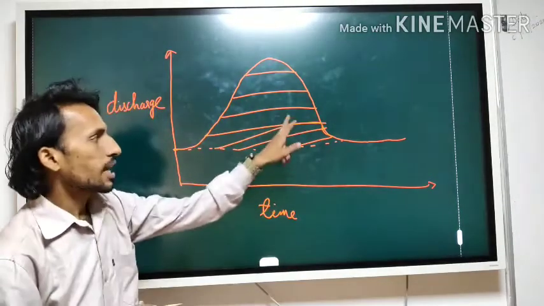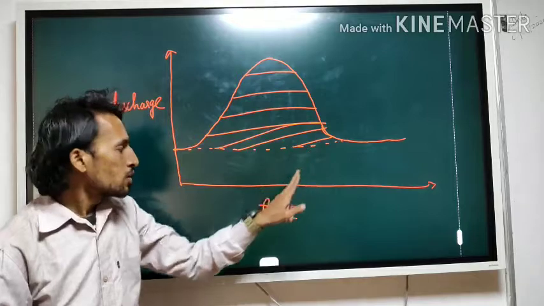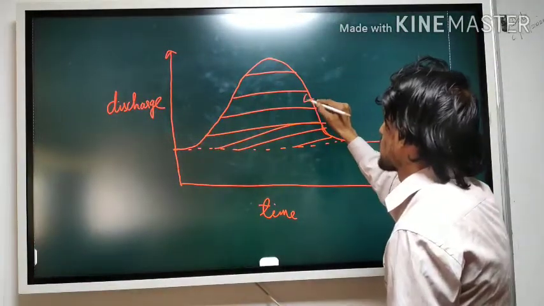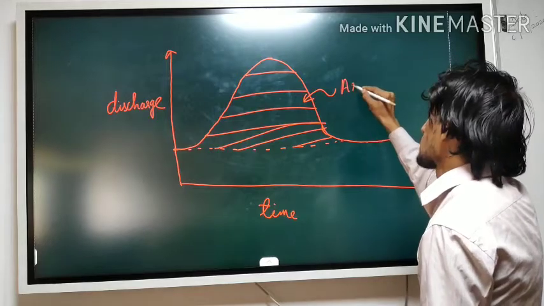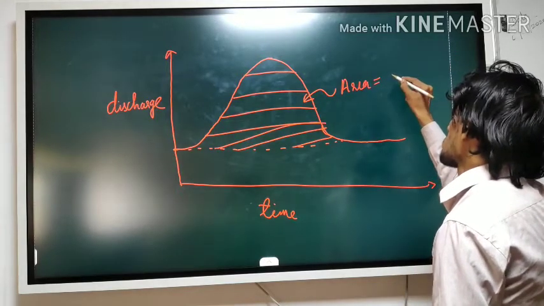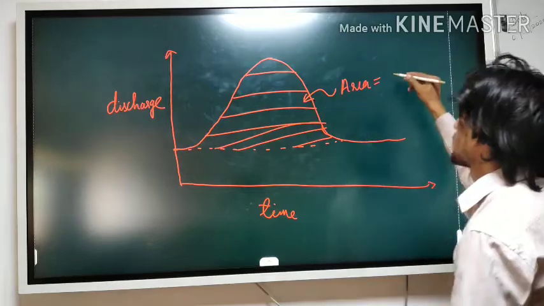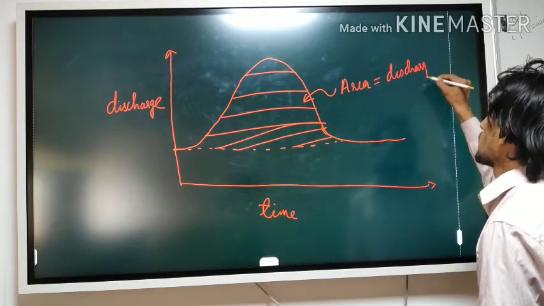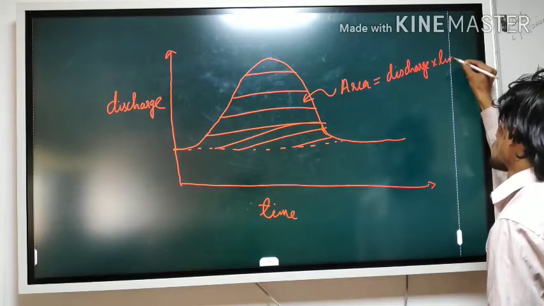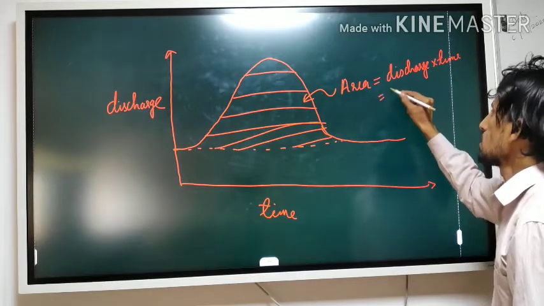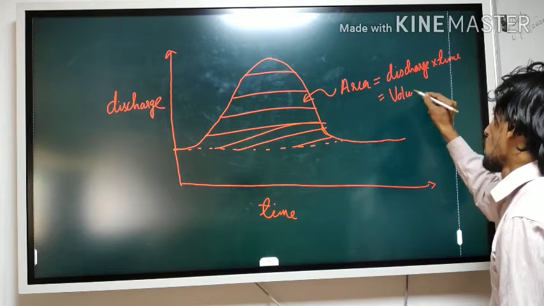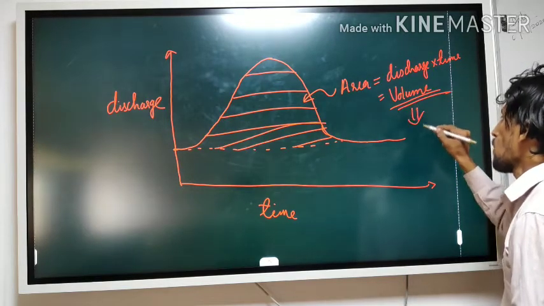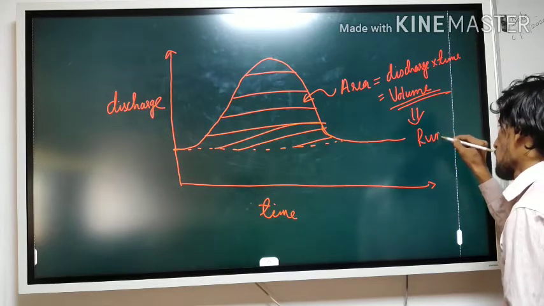If you calculate this shaded area, it will be discharge into time, so it will be nothing but volume. It is the volume of runoff.